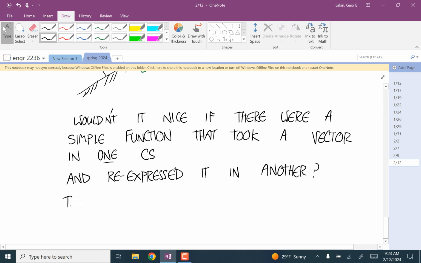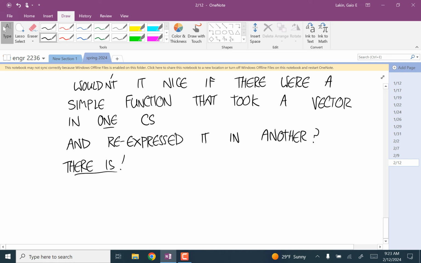There is. So the function is multiplying by a rotation matrix. And for any coordinate system transformation, there's a rotation matrix that will re-express every vector that you have in one in the other one. Okay? So this is rotation matrices.